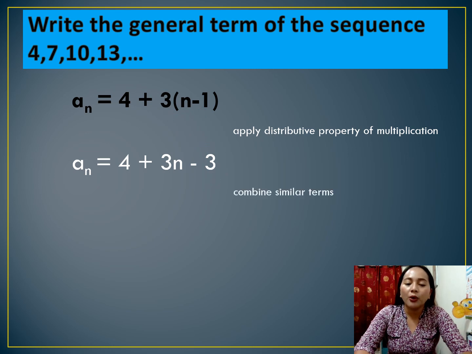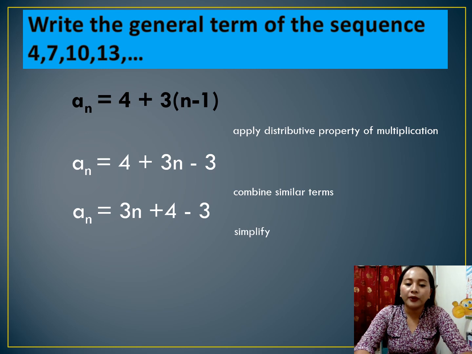Next, you are going to combine similar terms. 4 and negative 3 are similar terms because 4 and negative 3 are constant terms. So to combine, that becomes a sub n is equal to 3n plus 4 minus 3.